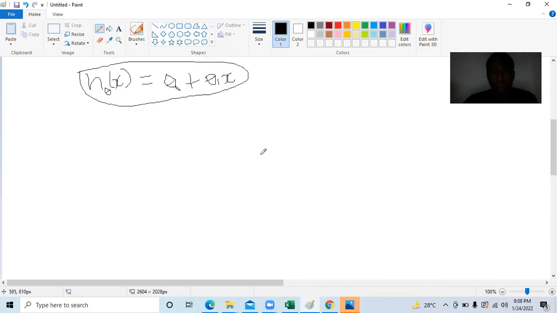So let's plot the graph once again, just for emphasis sake. So this is how our linear regression model looks like. This is my y-axis once again. Forgive my writing, please. This is my y-axis, and this is my x-axis. So let's say this is our data point.